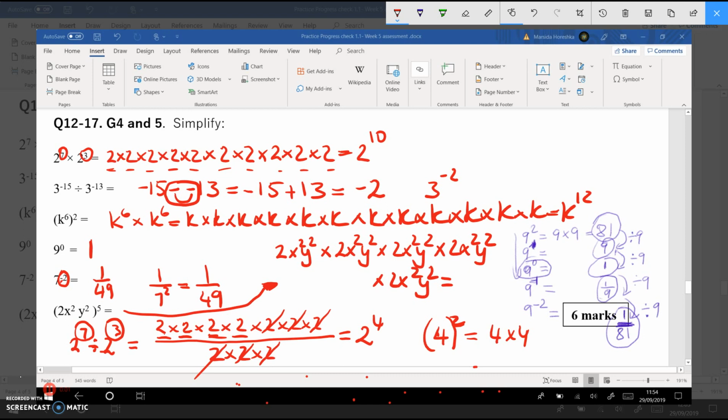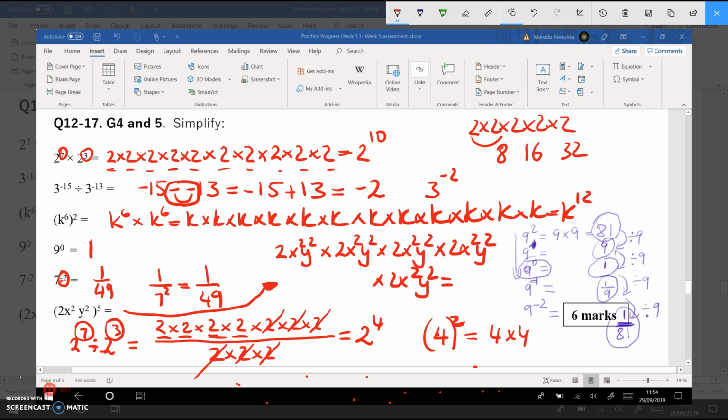So it's the same as saying 2 to the power of 5 and x squared to the power of 5 and y squared to the power of 5. So 2 to the power of 5 we can actually work out ourselves. So that is 2 times 2 times 2 times 2 times 2. 2 times 2 is 4, times 2 is 8, times 2 is 16, times 2 is 32.